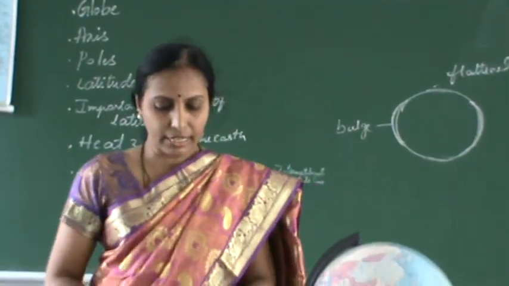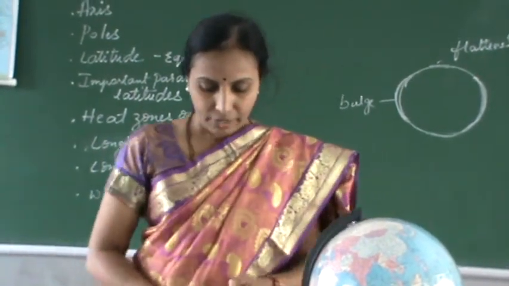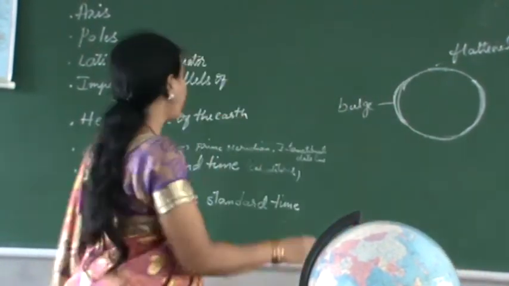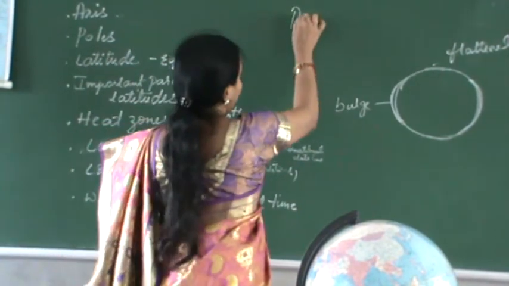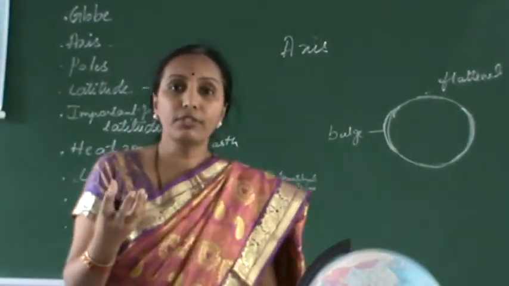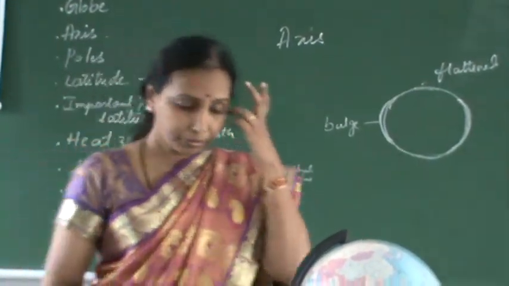The real Earth has no such needle. It moves around its axis, which is an imaginary line. This is called an axis. This is very important: you must know the Earth moves on its axis around the sun.